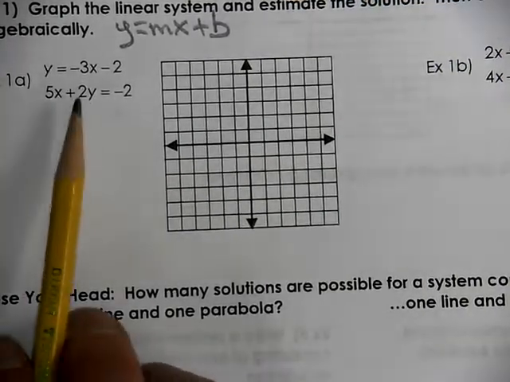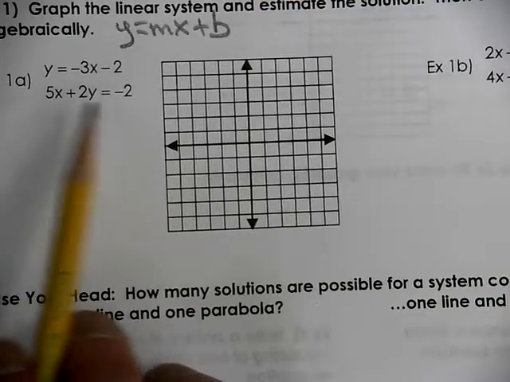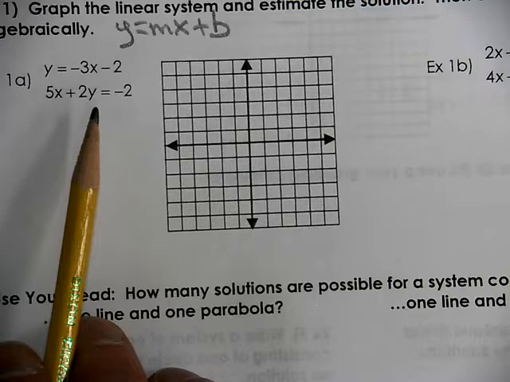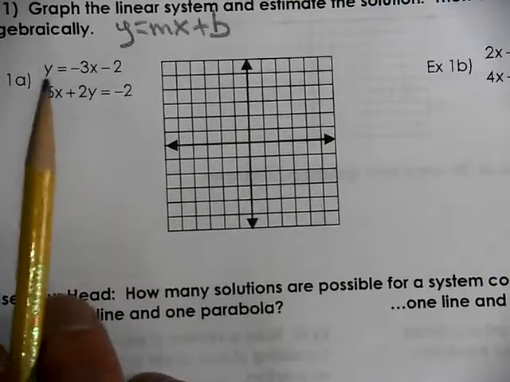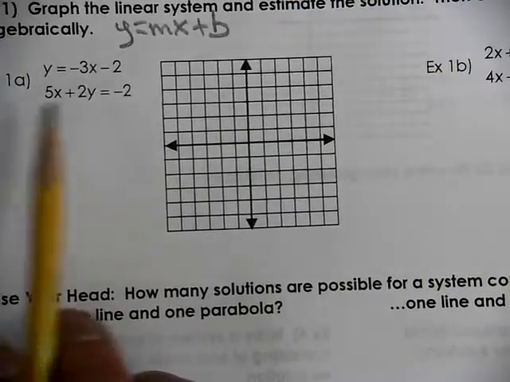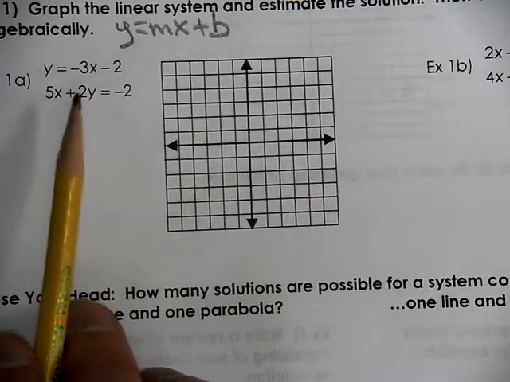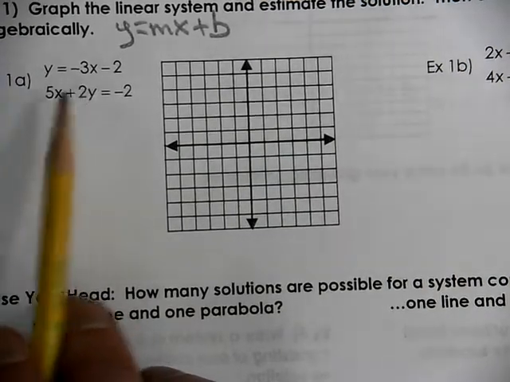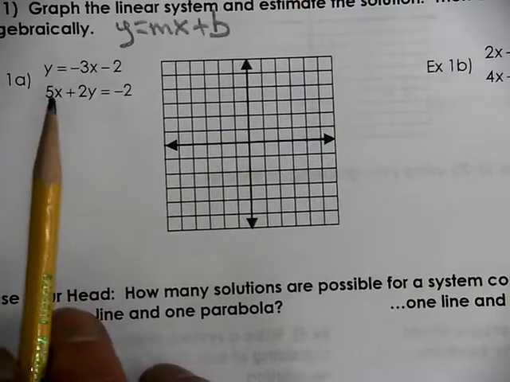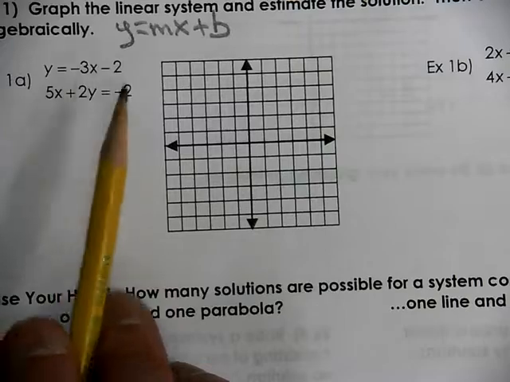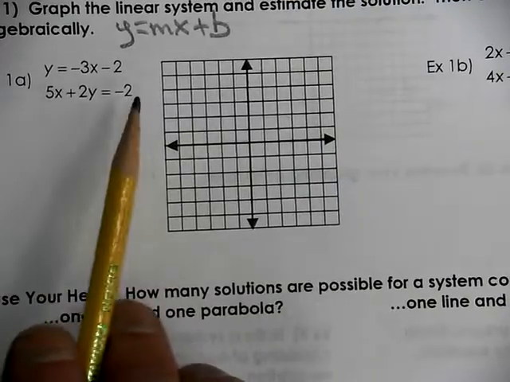And then our second equation is written in standard form of a linear equation. It's kind of like a circle where you have the x's and y's on the same side of the equal sign. But here we have coefficients, we don't have squares, it's definitely not a circle. But we have our x and y on the same side and our constant on the other.